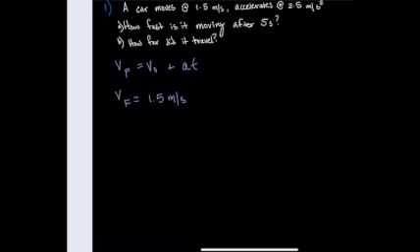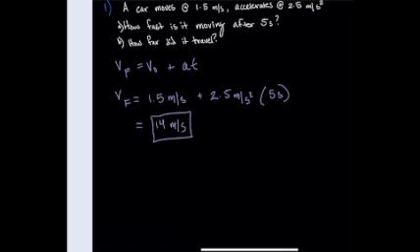So 1.5 meters per second is the initial velocity, plus acceleration 2.5 meters per second squared times time, which is 5 seconds. If you do that math, you should get 14 meters per second. It's a pretty simple start.